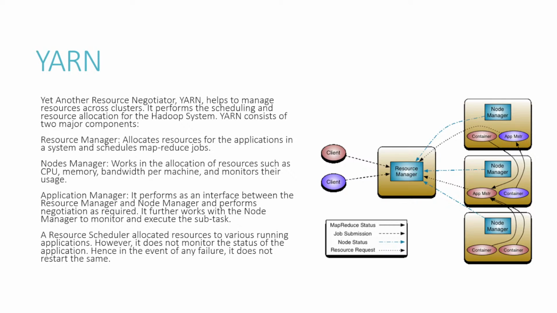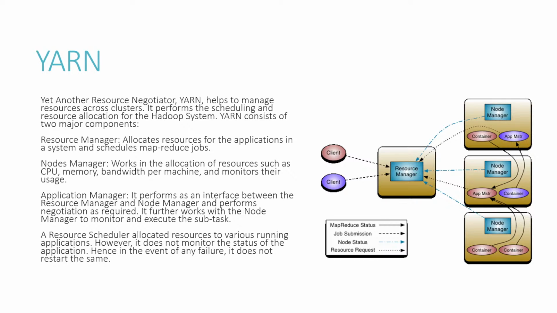If you look at the components, the resource manager allocates the resources for the jobs and schedules the MapReduce jobs. It allocates system resources for each of those applications. So if an application wants to submit a job, it gets some RAM allocated, some hard disk allocated, some memory allocated, and then it can actually use the processor as well, so it can get that job submitted.